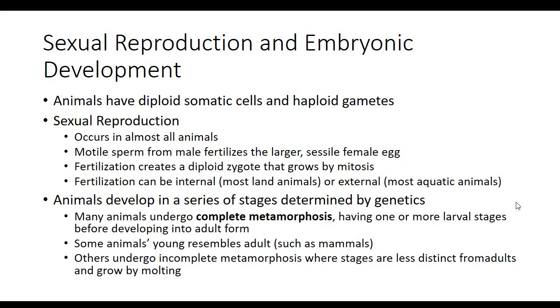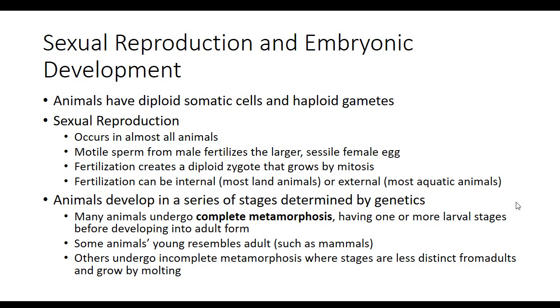And we already know that animals like us are made up of diploid cells. Somatic just means cells that are not sperm or egg. They're not reproductive cells. All of your cells are diploid, except for the sperm and egg, which are haploid. Diploid again means two sets of chromosomes. Haploid means one set.